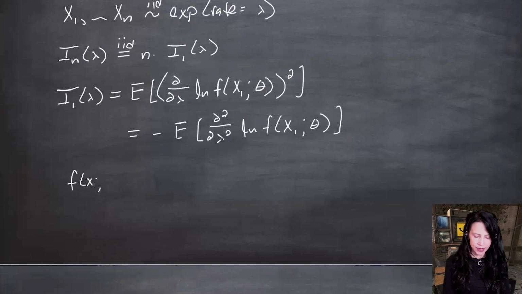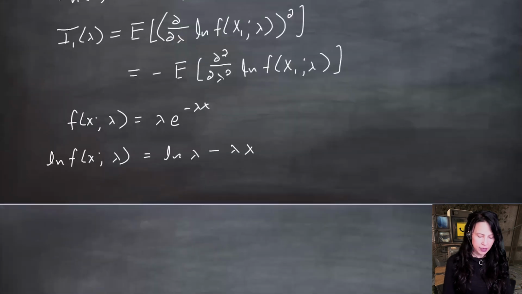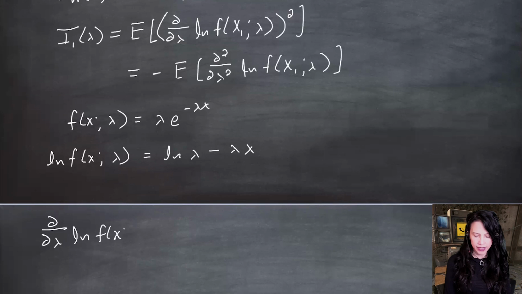I keep writing theta, and these should be lambdas. Sorry about that. The PDF is lambda e to the minus lambda x. The log of the PDF is log lambda minus lambda x. The derivative with respect to lambda of the log of f of x and lambda is 1 over lambda minus x.